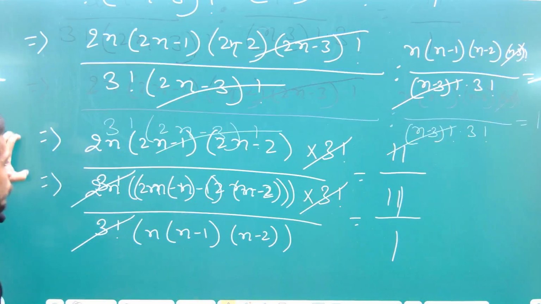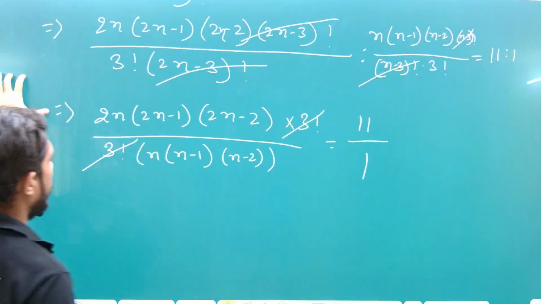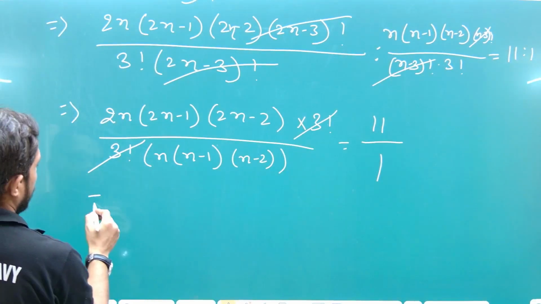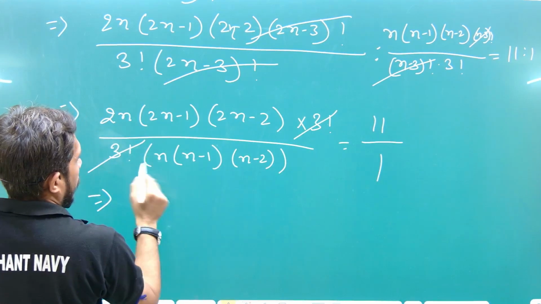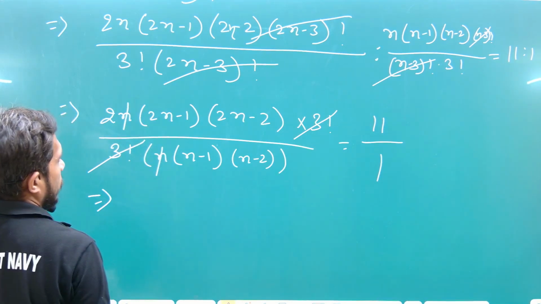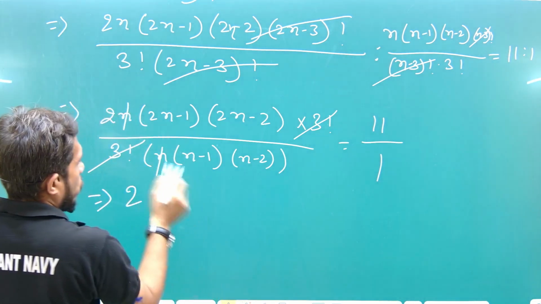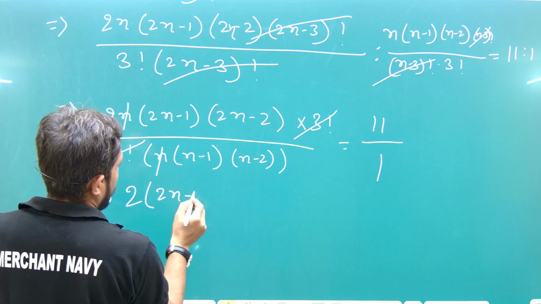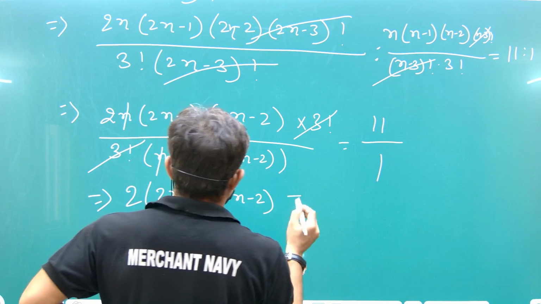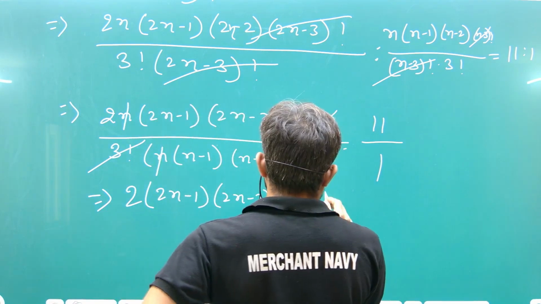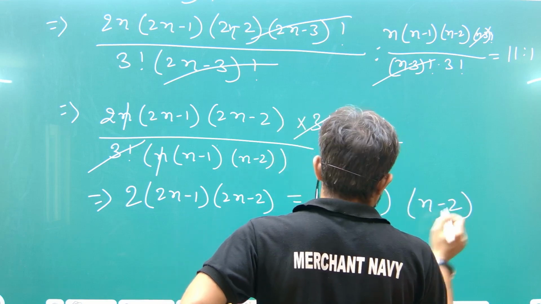Now n with 2n, so n cancels out. That becomes 2 into 2n minus 1 into 2n minus 2, equal to 11 into n minus 1 into n minus 2.